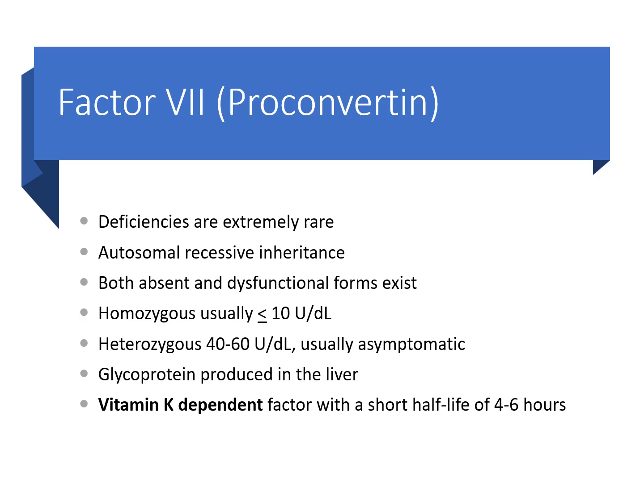Homozygous patients typically have equal to or less than 10 units per deciliter, and then heterozygous patients typically have 40 to 60. And again, these patients with the heterozygous pattern of inheritance are usually asymptomatic, and that is because, as we've talked about all throughout our hematology course, our body is amazing and compensates very well for deficiencies across the board.